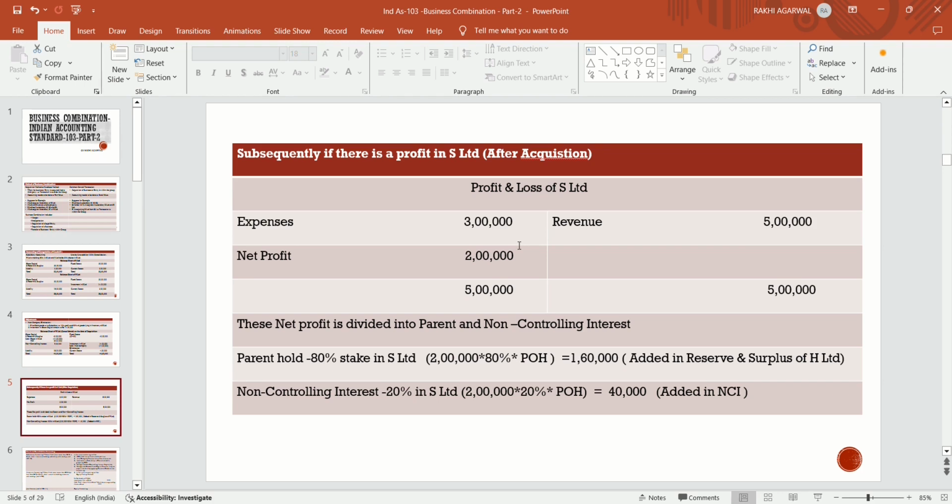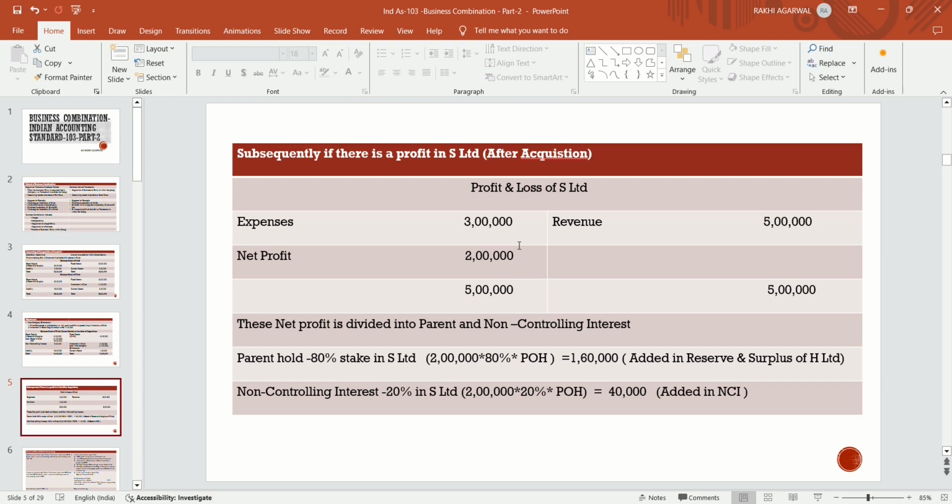So the parent holds an 80% stake. Whatever profits they earn, 2 lakhs into 80%, that is 1,60,000, is added in the reserves and surplus of H Limited, because whatever profit S Limited earns, they distribute to the holding company and the non-controlling interest.